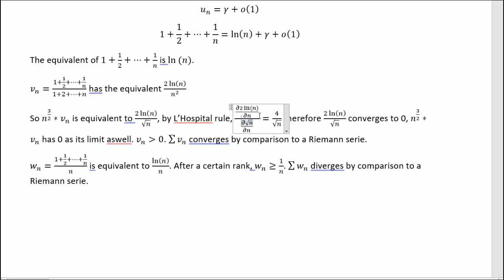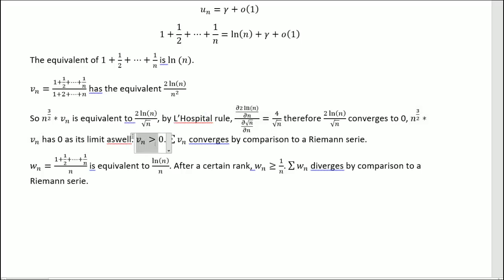Therefore we get 4 divided by square root of n, and when n goes to plus infinity, this goes to 0, so this has 0 as its limit as well.